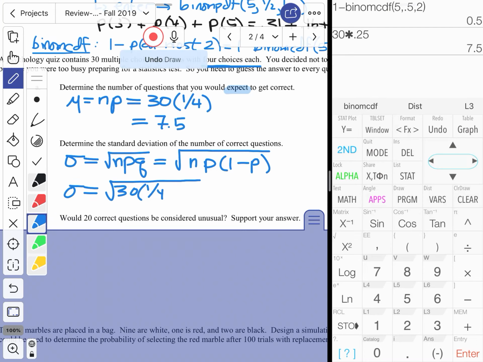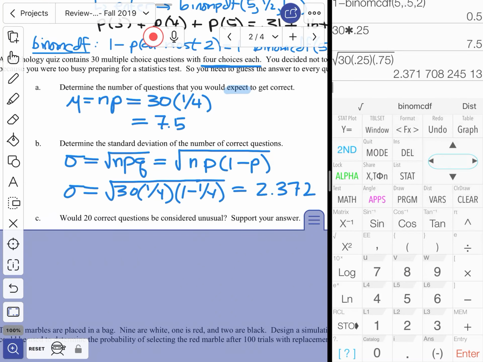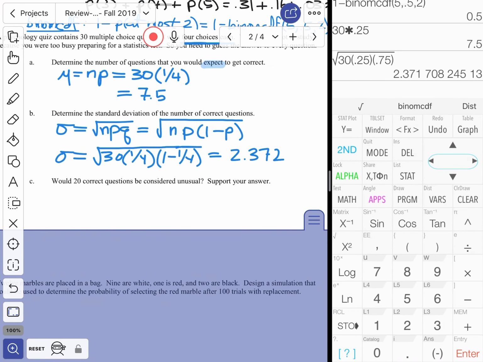So here we're doing the square root of 30 times, I'm going to write 0.25 instead of 1/4, and 1 minus 1/4 is 3/4, 75 cents, 0.75. So we're looking at about 2.372. That's all that question's asking me to do.